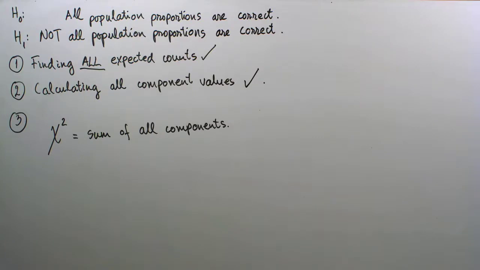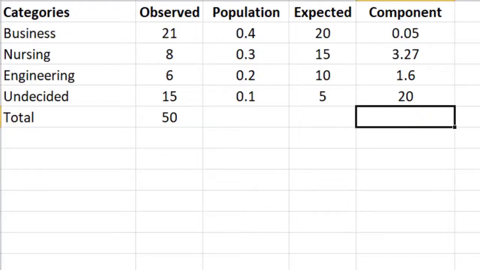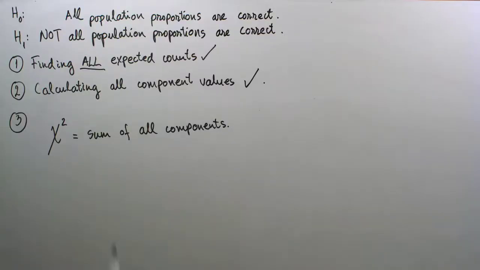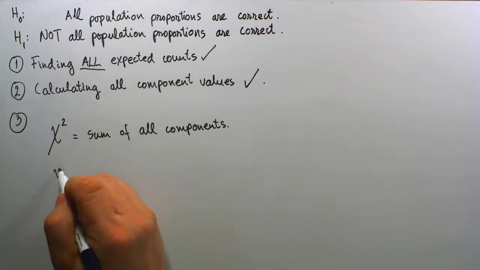In this case, recall our last result: we have now found all components of our 4 categories. So that means our chi-square is calculated as follows.